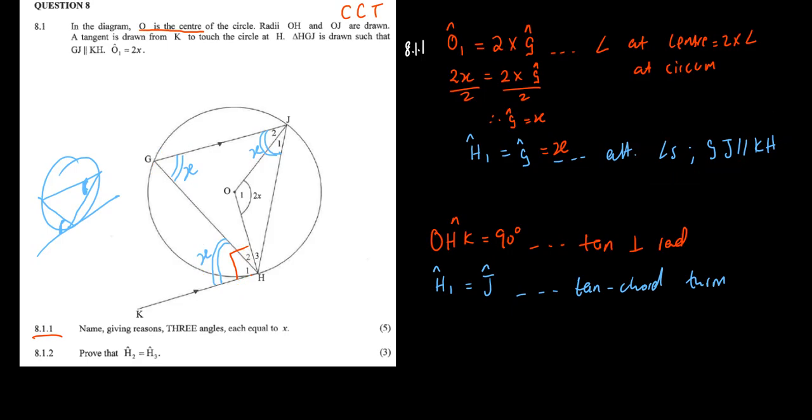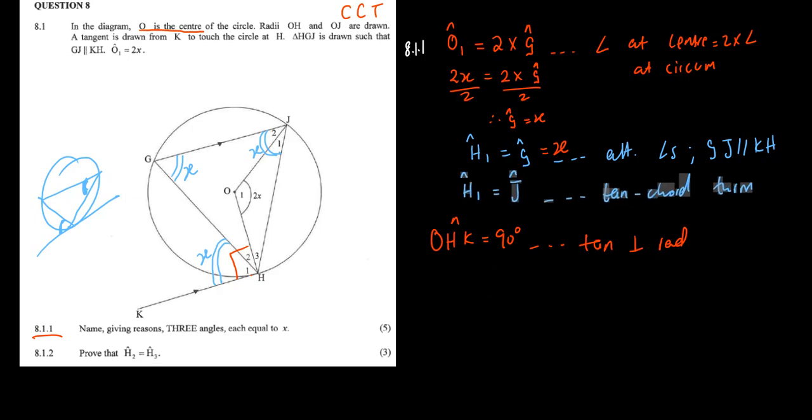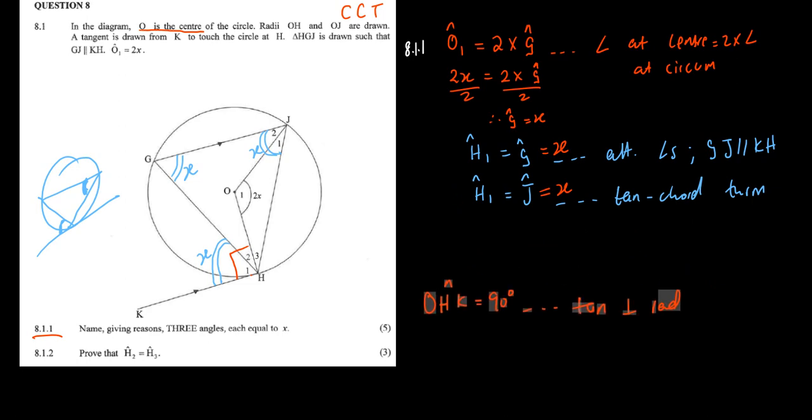And now that we know H1 is x, that's when you can come to this one with H1 here, and you write, okay, H1 is equal to J, and you just say both of them are equal to x. Then give the reason, and then you are done with 8.1.1.